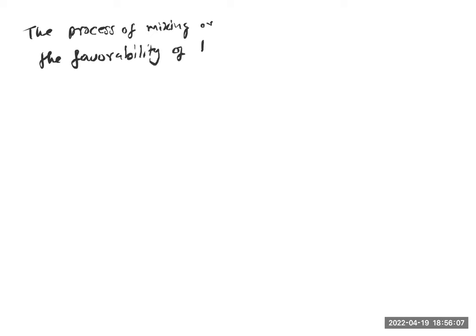The process of mixing, or let me write it in a different way: the favorability of the dissolved state over the undissolved state depends on, one, the potential energy, two, the number of configurations.